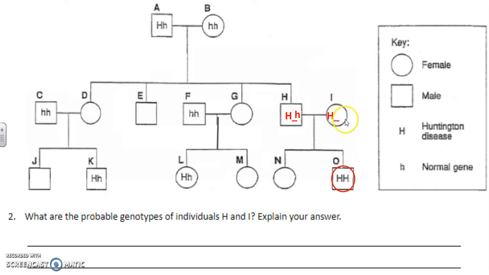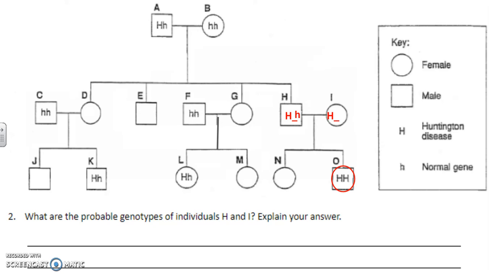Now, this individual here, I can't see her parents. All I can see is that they passed on a big H over here. That's all we know. So this person, we only know one letter of their genotype. And you may find that as you continue on, you may only be able to figure out sometimes that partial genotype, because again, we can't see their parents.